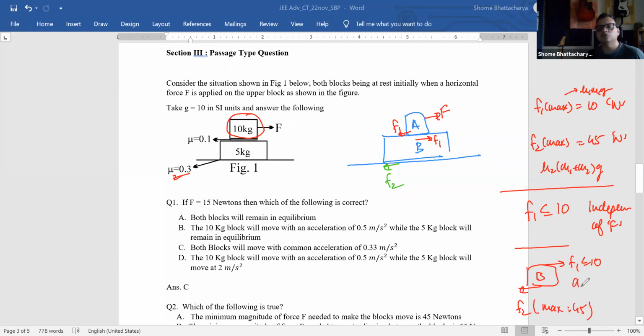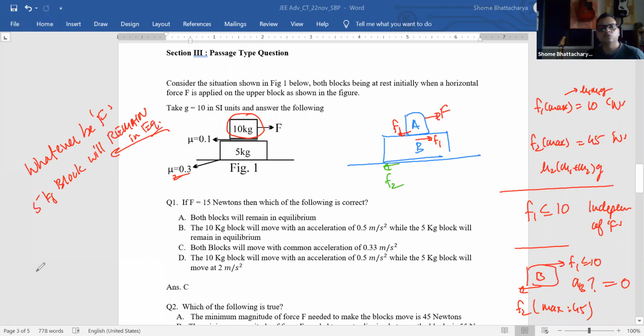So will this block ever move? No, it'll always be 0. No matter how much force you apply on block A, block B will never move. So that's the first conclusion: whatever be the value of F, the 5 kg block will remain in equilibrium.